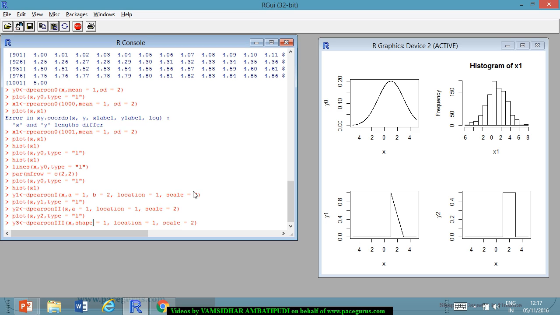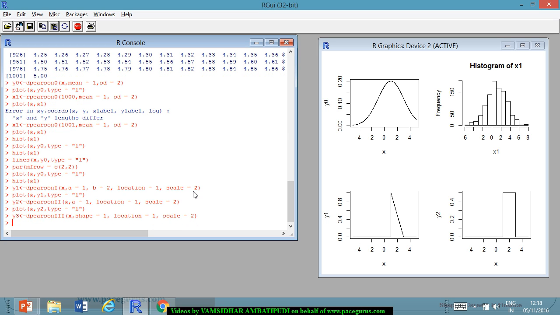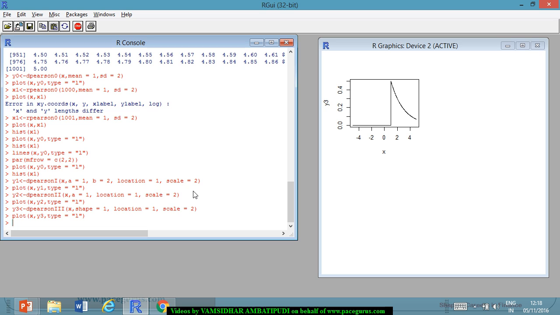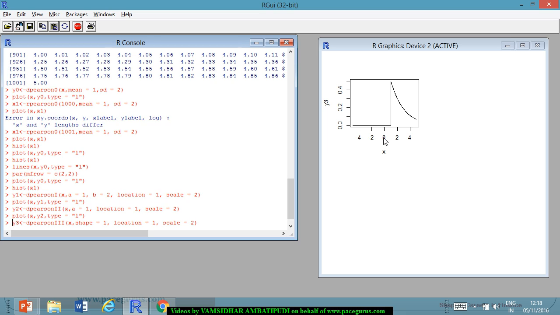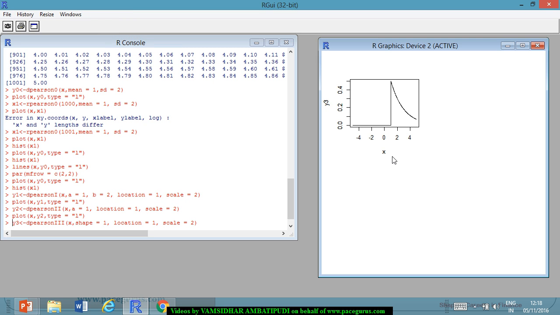This becomes a gamma distribution. And now when I am trying to plot this particular gamma distribution, which is y3, I get it more like this. So it looks more and more extreme valued, and on the other side you could see it is defined only for the positive values. For the negative values, it's coming out to be undefined. Right, it's coming out on the horizontal axis itself.